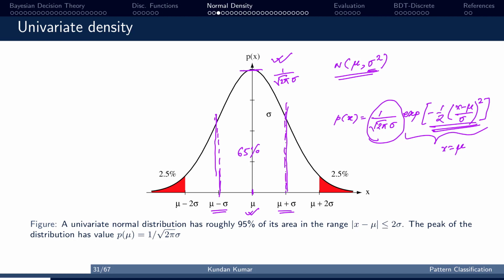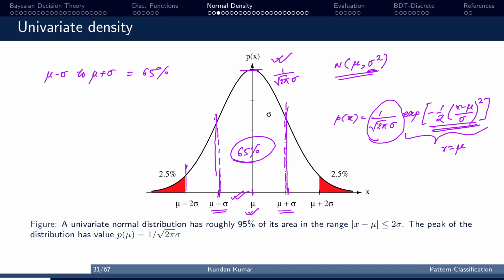So whatever experiment we are performing, most of the outcomes will be in this range, and basically 65% of the data lies in the range from mu minus sigma to mu plus sigma.